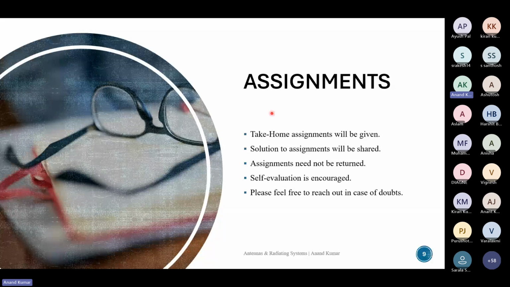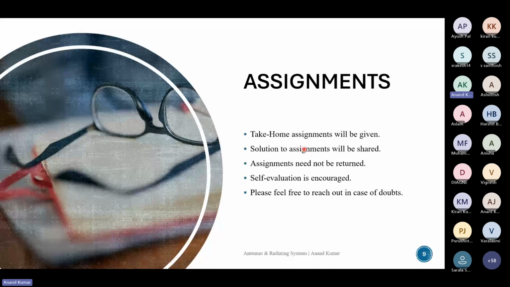If something has to be discussed, we can do that in the class, but you have to message me or ask if you want that particular question to be discussed. Assignments will not be checked, so you need not return them. I encourage self-evaluation. Try solving the questions and then refer to the textbook to see if you have solved them correctly. And again, if you have doubts, you can reach out to me.